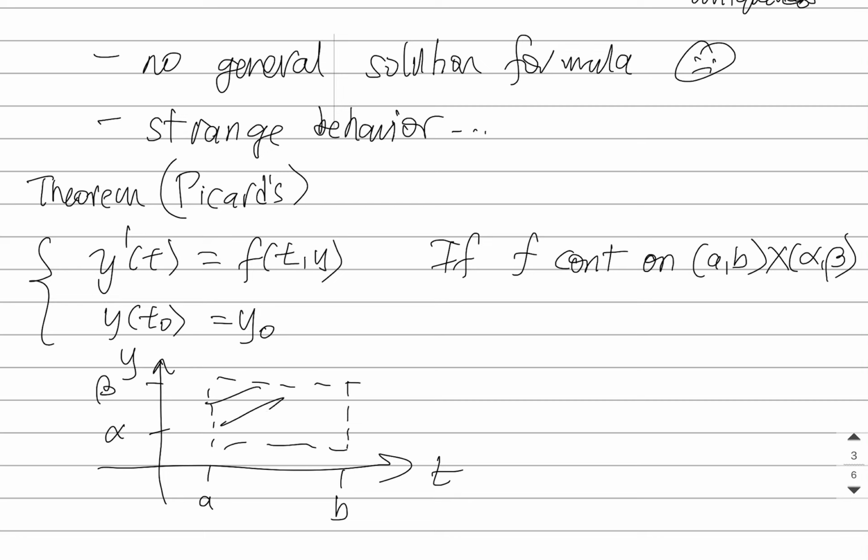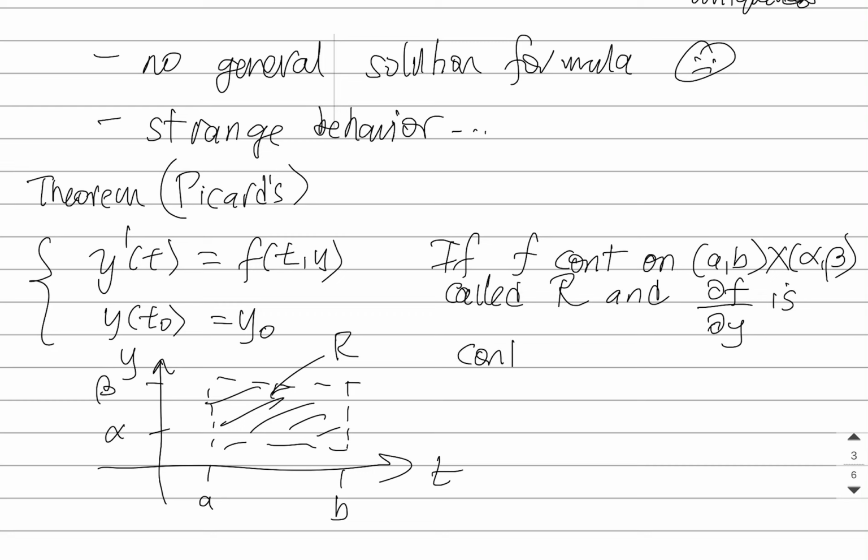Everything in here, we'll call this rectangle R. And the partial derivative of that right-hand side with respect to y is continuous on R, near the point right here. Let's call this point t0 and y0.